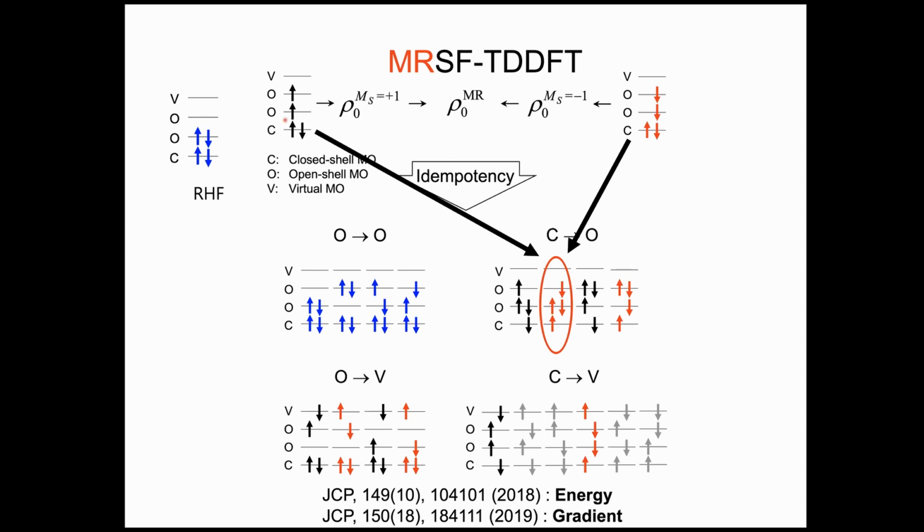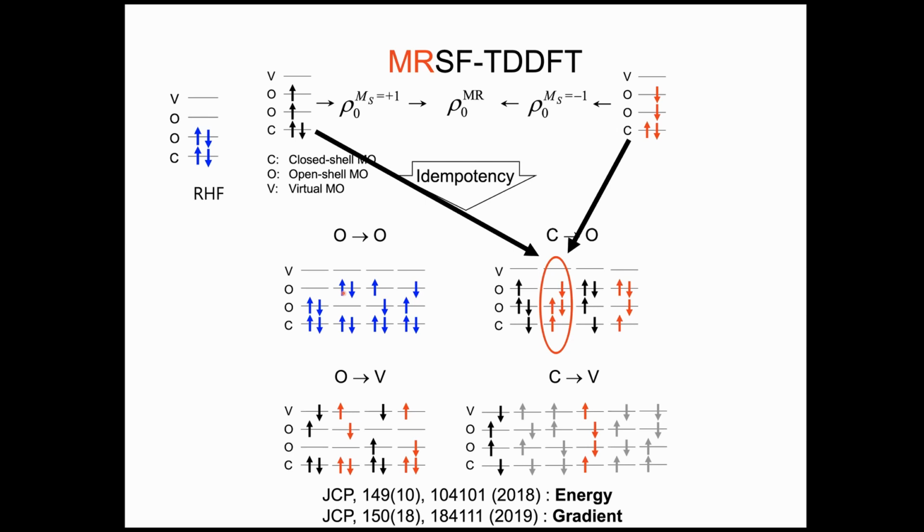Well, let's look at this black triplet M_S +1 reference. You have alpha, alpha, alpha. Suppose you flip the middle alpha into beta and excite it to the one upper orbital, then you arrive here. So this is again a single excitation.